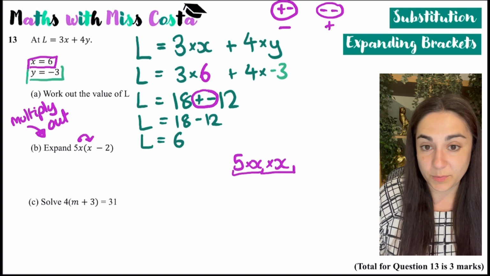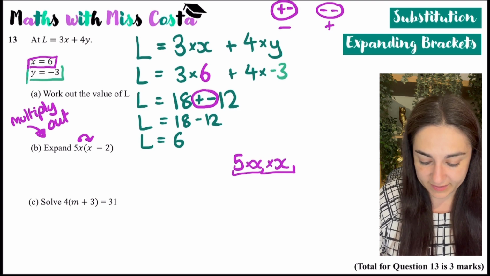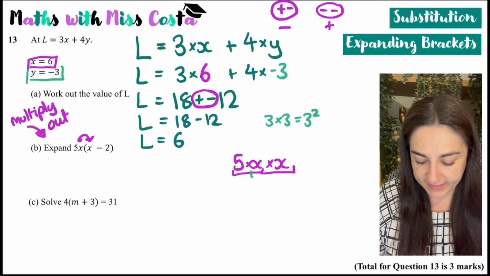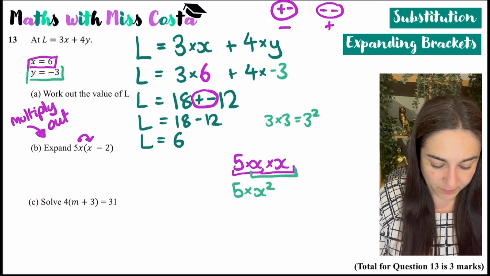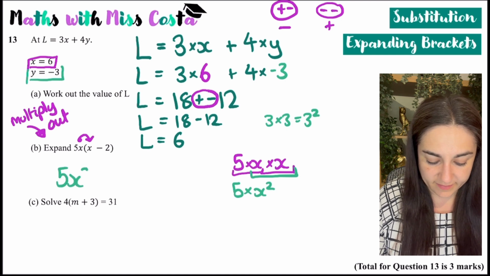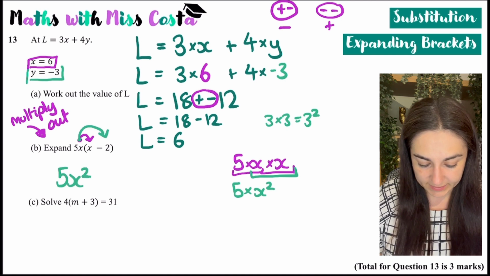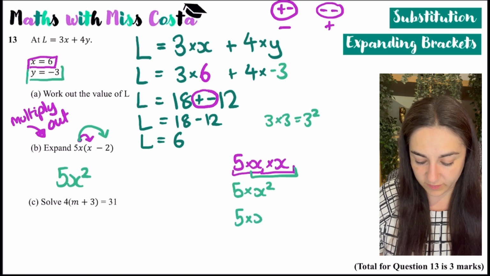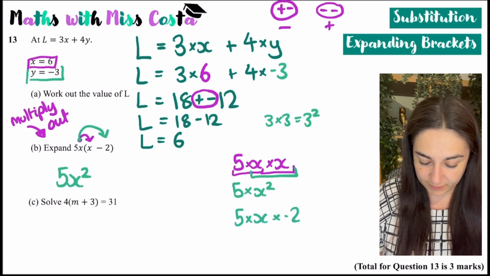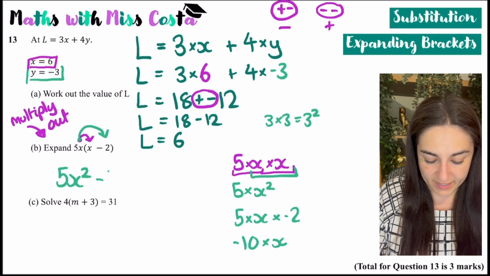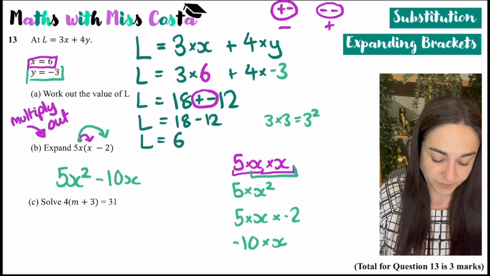When you're multiplying something by itself, just like we did with square numbers, we know 3 times 3 is 3 squared. x times x is going to become x squared. So that would become 5x squared. And then we do 5x times minus 2. So again, we could split that up if we wanted to. 5 times minus 2 is minus 10. So that would become minus 10x.